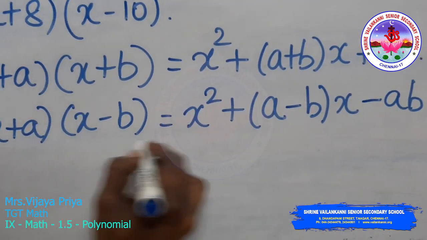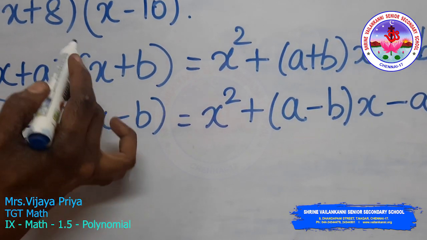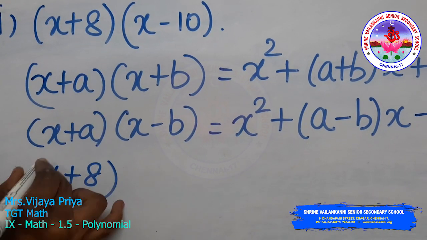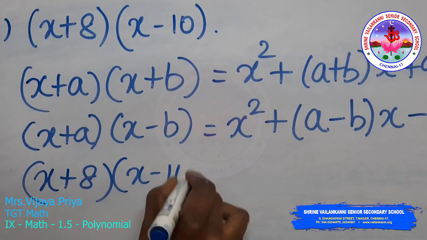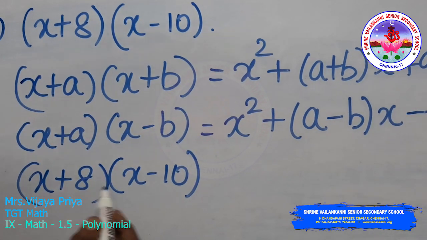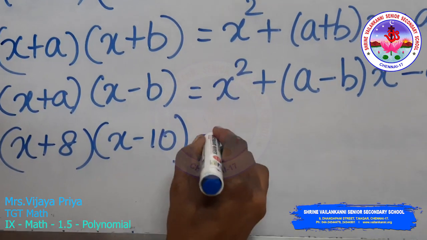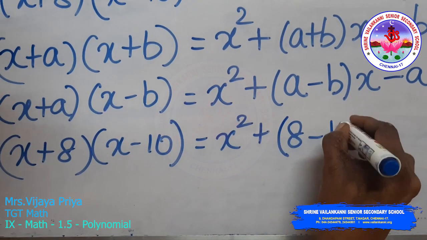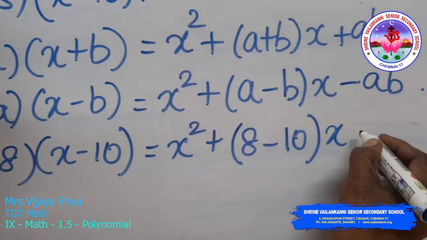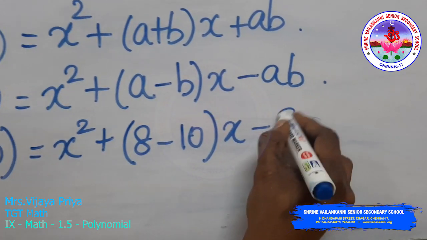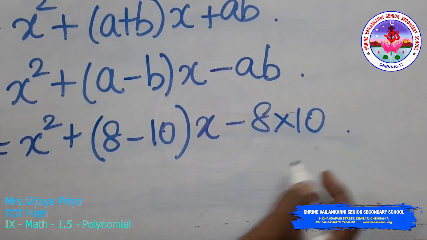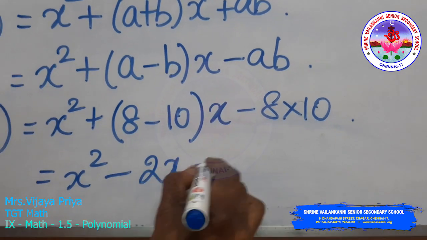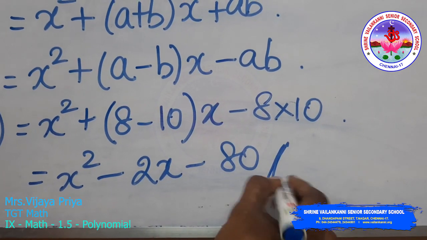Now I am going to apply this formula in my product: (x + 8)(x - 10), where a is 8 and b is 10. So I will get x squared + (8 - 10)x - 8 into 10, which is equal to x squared - 2x - 80.